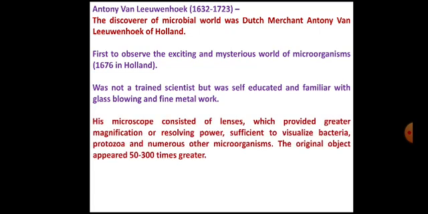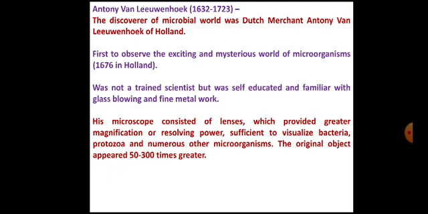His microscope consisted of glass lenses, which provided greater magnification or resolving power. It was sufficient to visualize bacteria, protozoa, and numerous other microorganisms, and the most important thing was that the original object appeared 50 to 300 times greater as compared to its actual size.